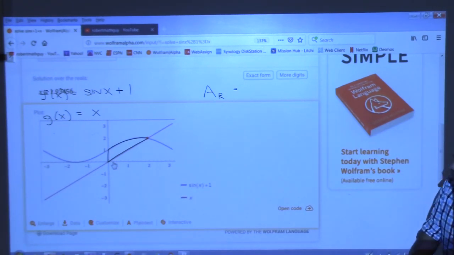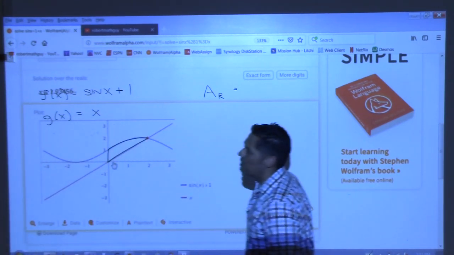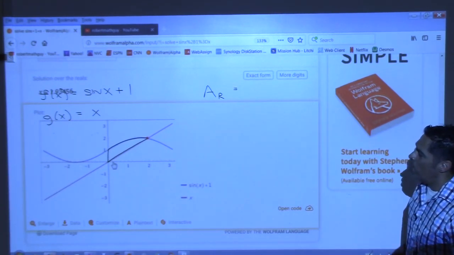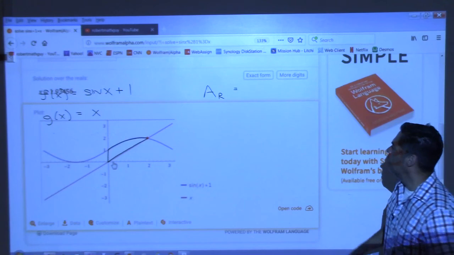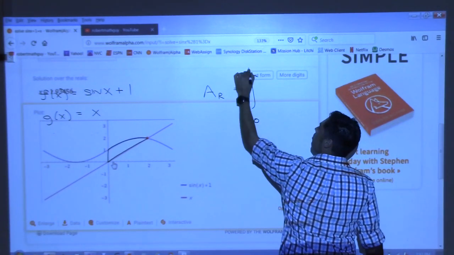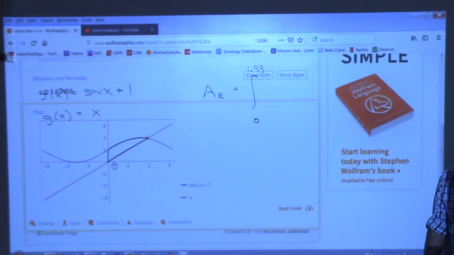Okay, and what is the solution? According to Wolfram, 1.934 something. Just for the sake of the fact that we're not trying to put a man on the moon here, let's just go 1.93. Is that okay? So our integral is going to go from 0 to 1.93 of what? Trying to find the area, right? So top minus bottom.